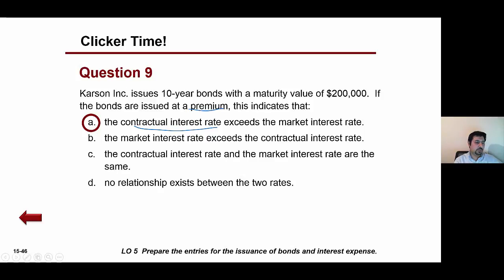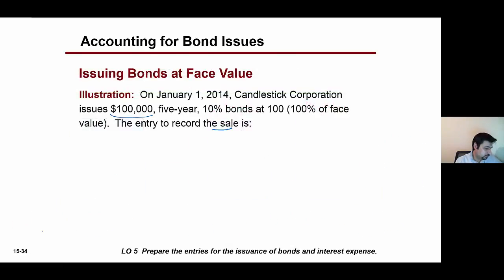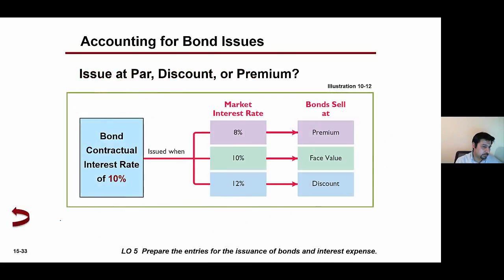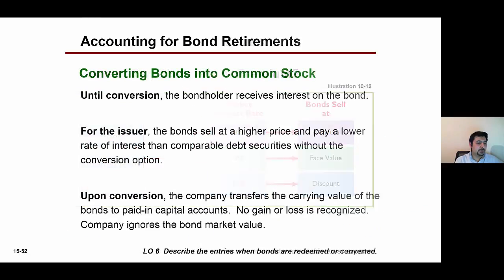If you remember from this one here, when the contractual interest rate is higher than the market interest rate, the bond will be sold at a premium.